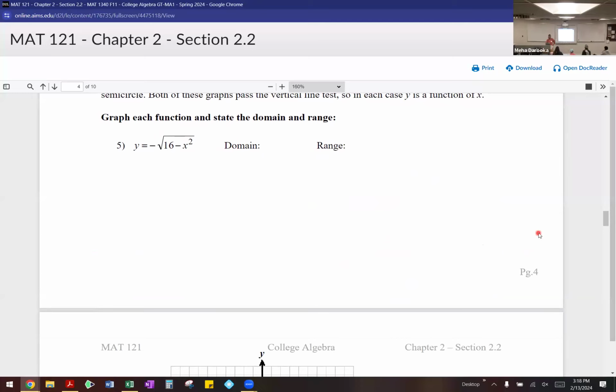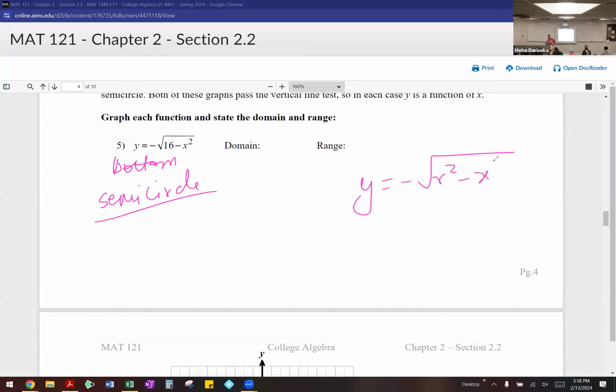So is this a top or a bottom semicircle, number 5? Bottom. Bottom, please. Can you tell me what the radius is for this guy? Very good, because your r squared is 16, so take the square root of 16, and that gives you your radius.